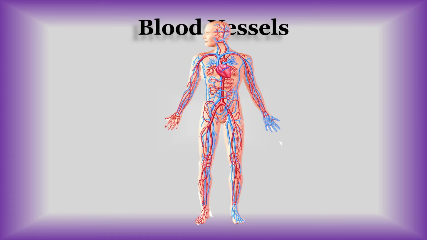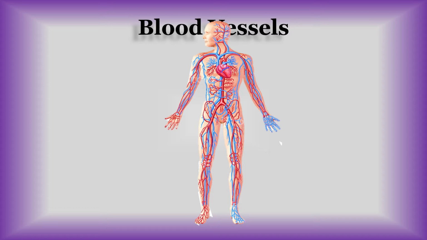In the same way, children, the heart is the railway station of our body, and it is connected to all parts of the body with the help of blood vessels. You can see in the picture red and blue lines.